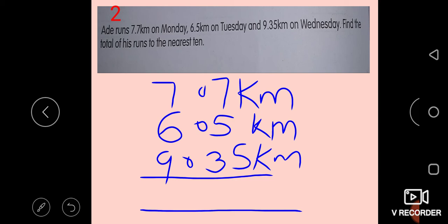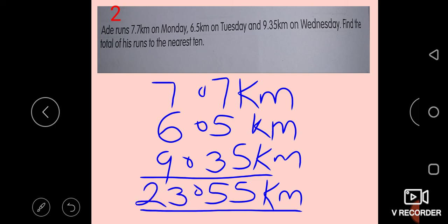5 plus 0 is 5, still in kilometers. 7 plus 5 is 12. 12 plus 3 is 15. Write 5 and carry 1. 7 plus 6 is 13. 13 plus 9 is 22. 22 plus the 1 that was carried is 23.